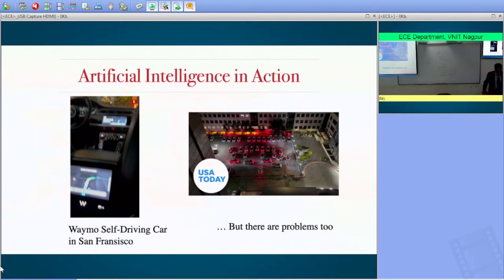There was a company called Cruise that went into bankruptcy in San Francisco. Not for a weird reason. They had these self-driving cars that were running in San Francisco.